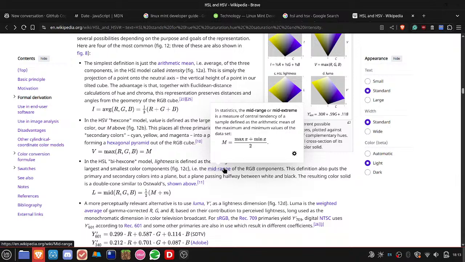For example, if R is 100 and B is 50, then we will do 100 plus 50 divided by 2. HSV is basically V is the maximum, and L is basically the mid-range.